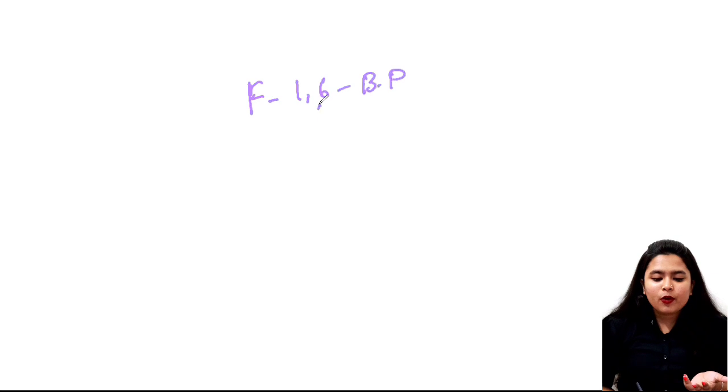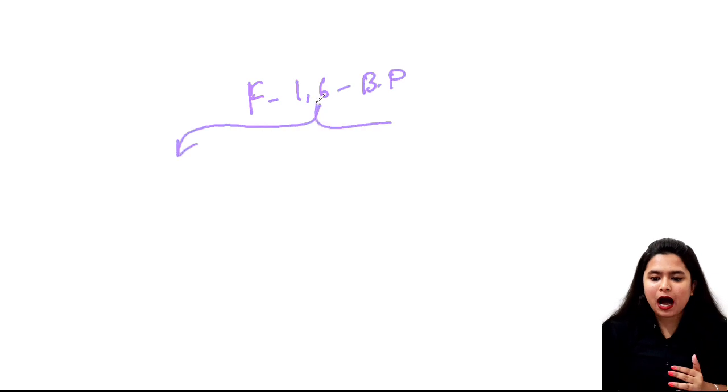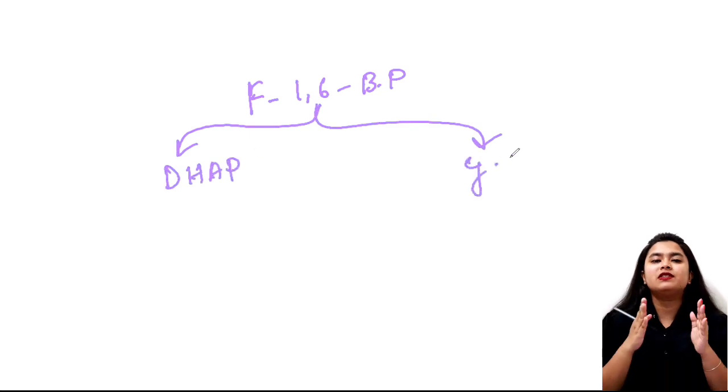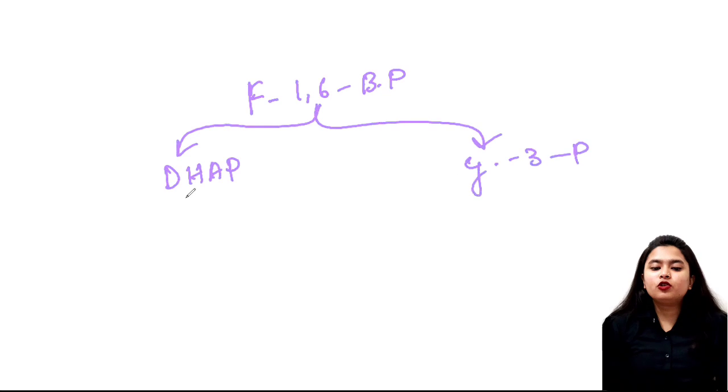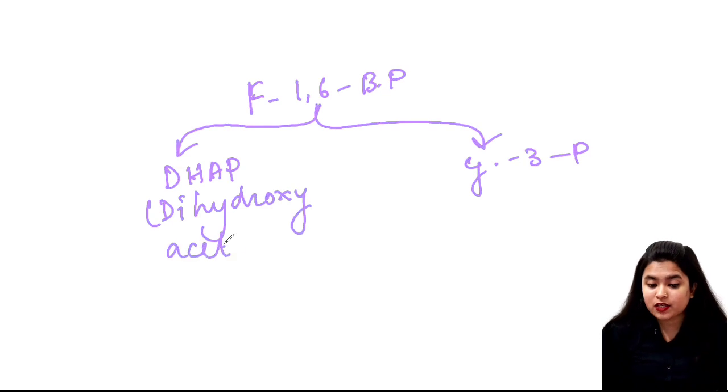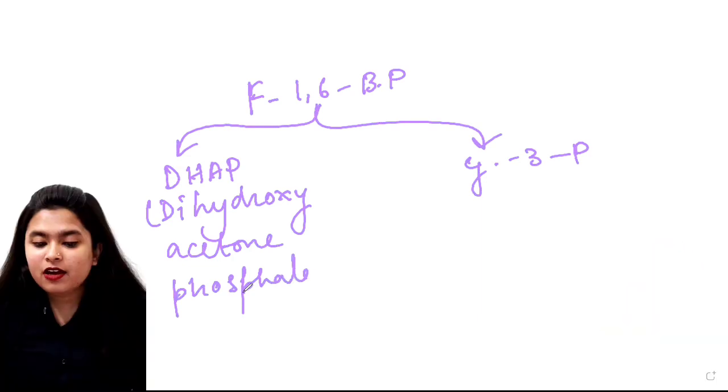Now we are going to learn about the next step, when fructose 1,6-bisphosphate is divided into 2 main parts. One is dihydroxyacetone phosphate, and the other is glyceraldehyde 3-phosphate.